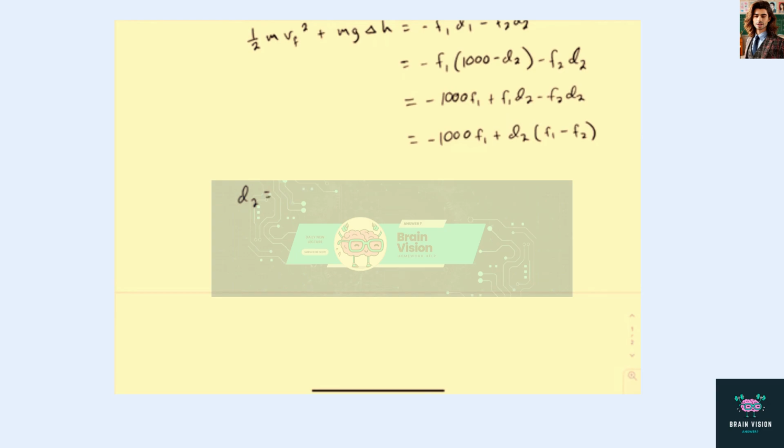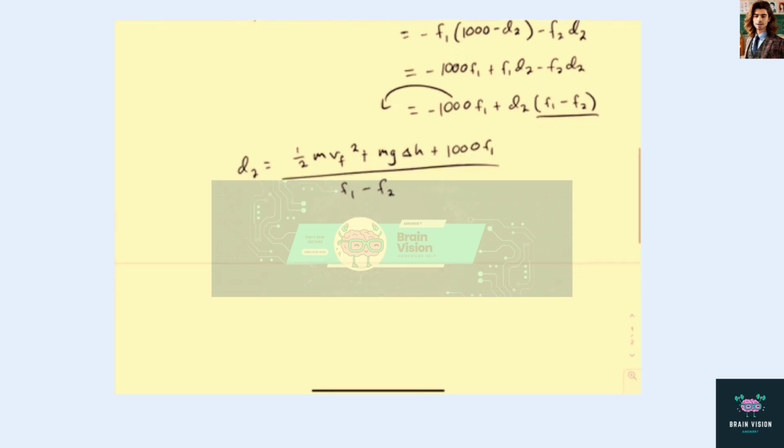This is going to be 1/2 m vf squared plus mg delta h, and then I have to move this over to this side, so this is going to be plus 1,000 F1, and then divide out by F1 minus F2.